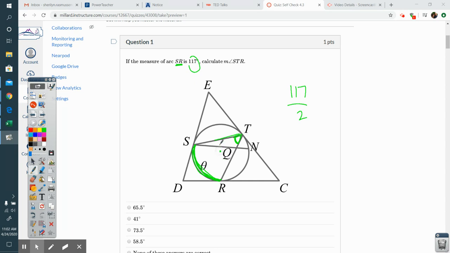If you have a center of a triangle and you connect it all, that angle right here would be 117 degrees. But if it connects to the other side of the circle, then it's half whatever this is. So you take 117 and divide it by 2, and you get 58.5. So if you have the measure of the arc, and the lines go to the other side of the circle, then it would be half the measure of the arc.